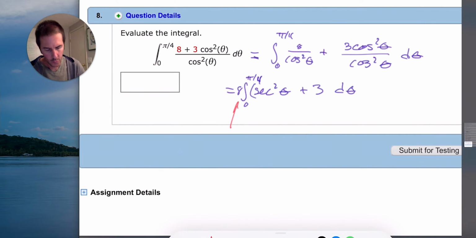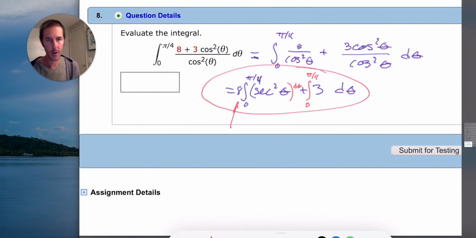So really you should close your parentheses here and then have a new integral from 0 to pi over 4 on the 3. And you could even put in a new d theta in there. That might end up looking more complicated than necessary. This statement is now correct and it's true and it is equal to the previous line worth of work.